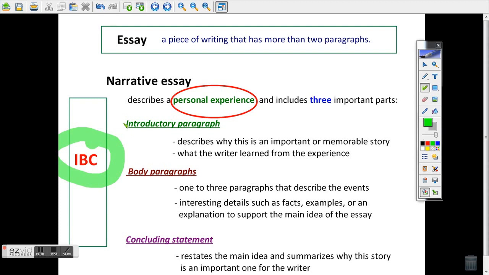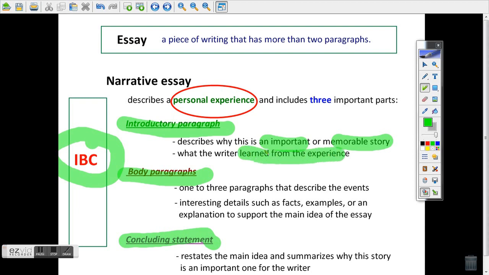You have the introductory paragraph, the body paragraphs, and the concluding statement. What is in the introductory paragraph? It describes why this is an important or memorable story, and then what you learned from the experience. So the introductory paragraph is the main idea.